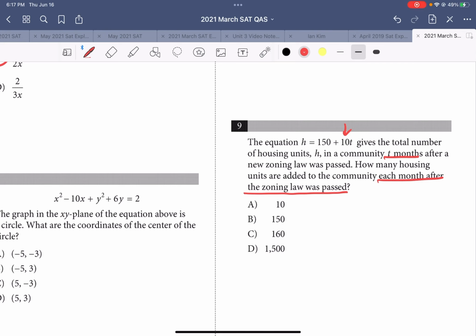So 1 month later, 150 plus 10 times 1. 2 months later, 150 plus 10 times 2. So that shows the 10 is how many units are added each month. So it should be 10. They ask you the meaning of the 10. Okay, that is how many housing units will be added each month.